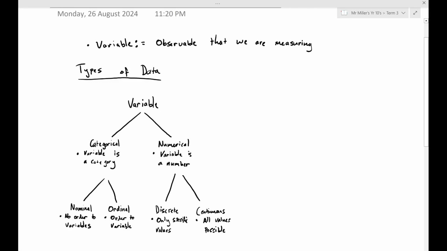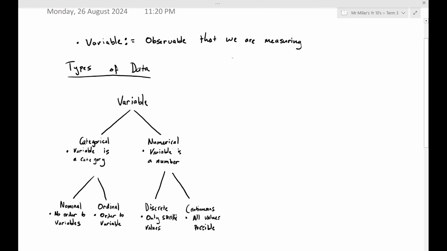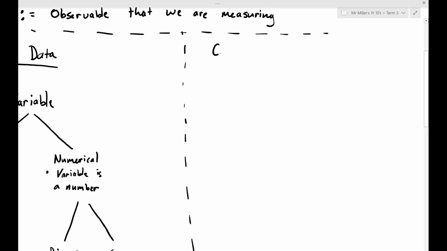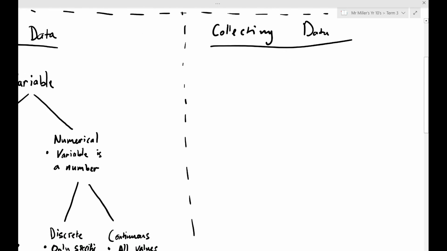Okay, so that's types of data. So our notes so far. Maybe we'll just separate off here. Only one more thing we need to talk about. So if we are talking about collecting data, well, some definitions we need to know.